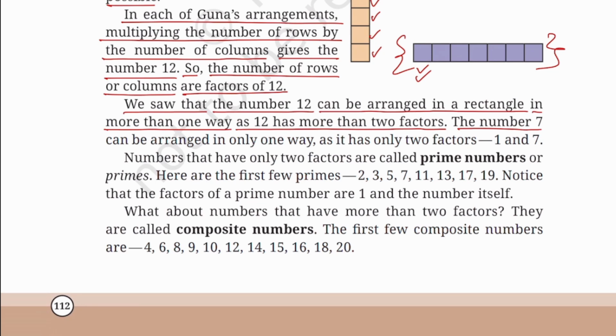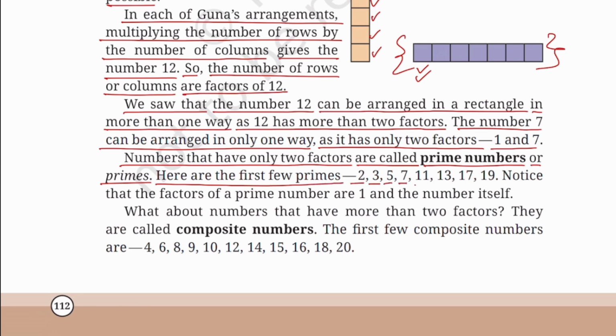The number 7 can be arranged in only one way, as it has only two factors, 1 and 7. Numbers that have only two factors are called prime numbers or primes. Here are the first few primes: 2, 3, 5, 7, 11, 13, 17, 19, etc. Notice that the factors of a prime number are 1 and the number itself.